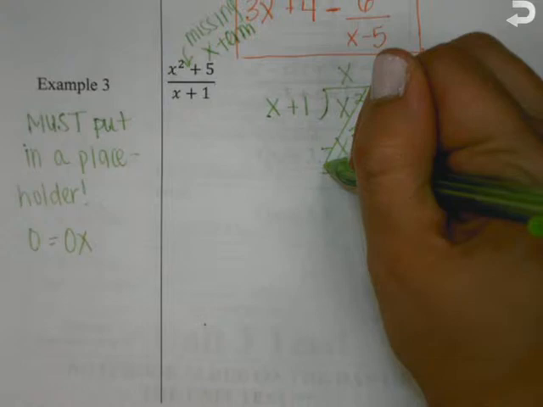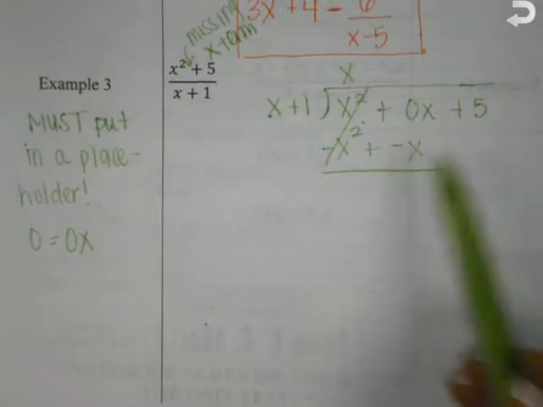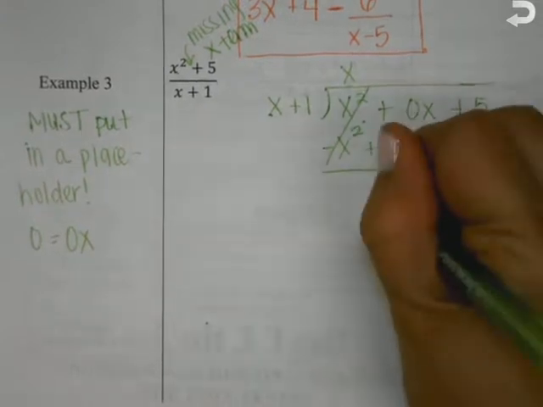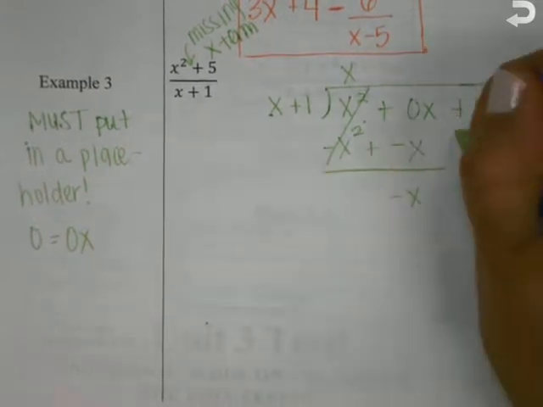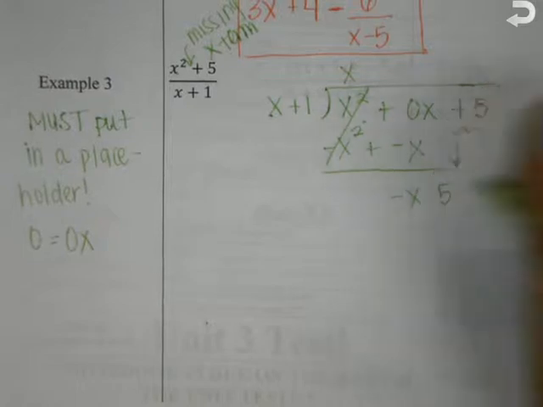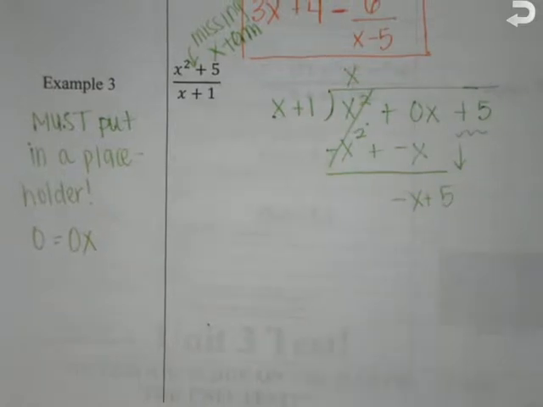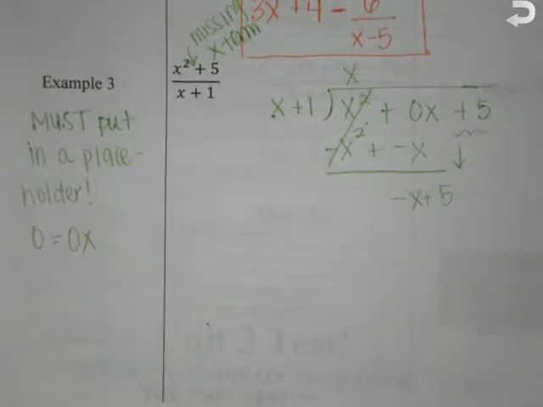Plus 5. The reason why I want you to write a placeholder is because if you didn't, you would most likely end up lining up the negative x with the 5 and then come here writing that we have a remainder of 4x.